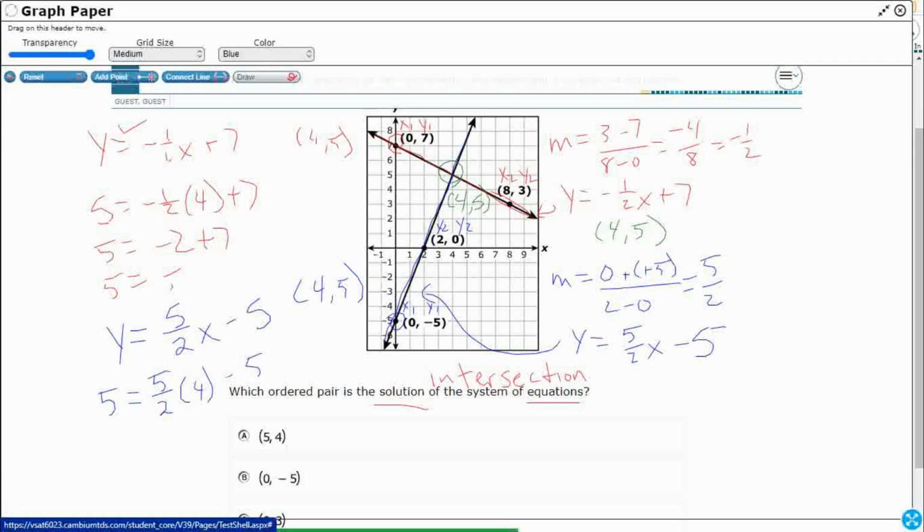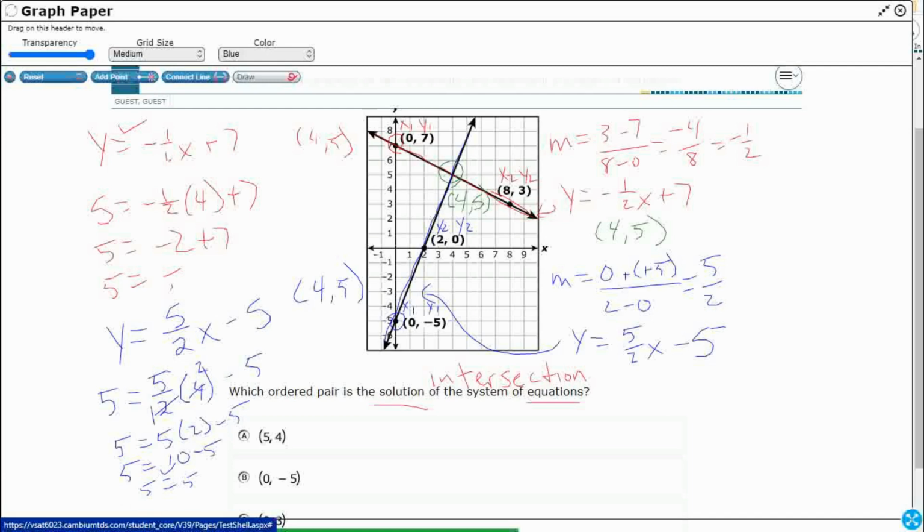Okay, so we need to simplify this here. So that's just going to be a 1, and that's just going to be a 2. So now it's going to be 5 times 2. So 5 equals 5 times 2 minus 5. 5 times 2 is 10. So look at that. 5 equals 5.